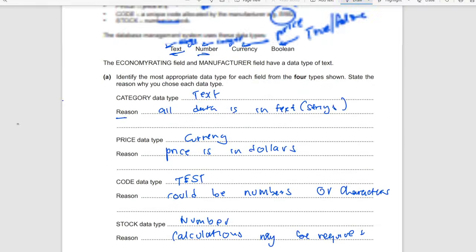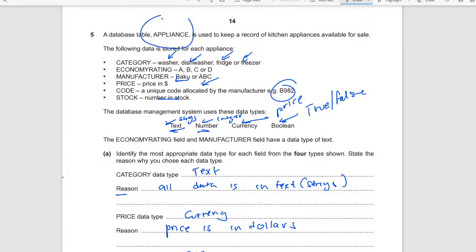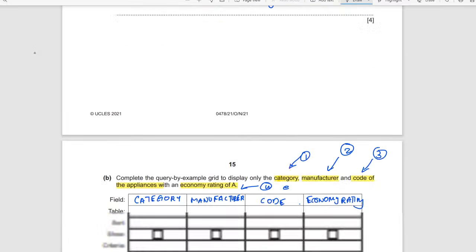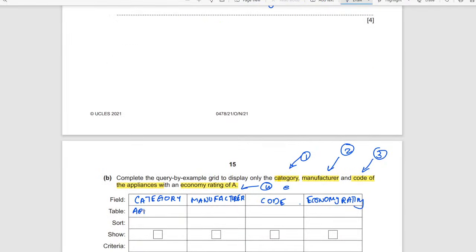The table will always be, they usually give it in the question, and it says the database table is called appliance, so that will always be your table. So the appliance is what I will write here throughout. Sorry for the bad handwriting.